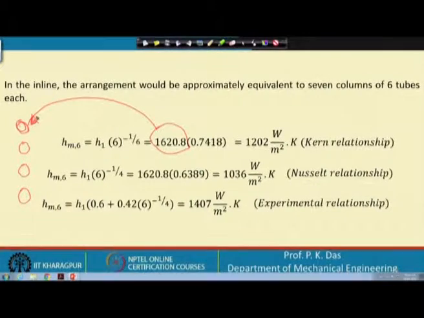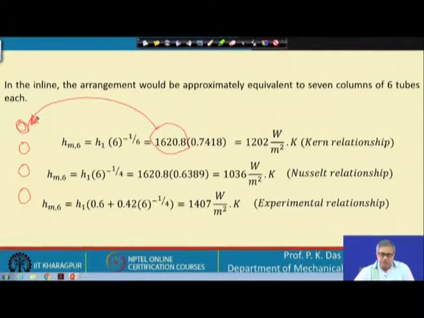From Kern's relationship we get the average heat transfer coefficient, whereas the heat transfer coefficient of the first tube is 1620 and the average heat transfer coefficient is 1202.